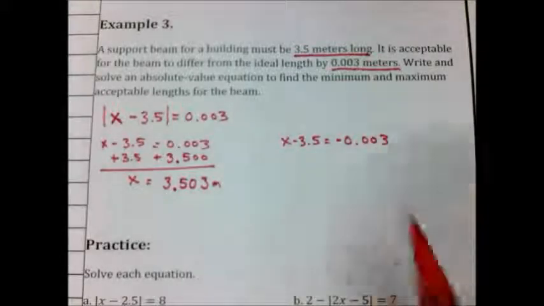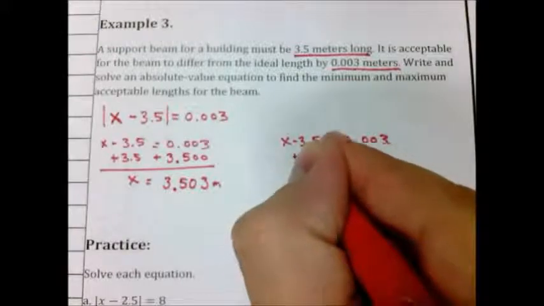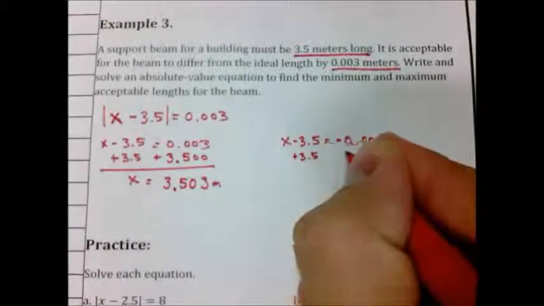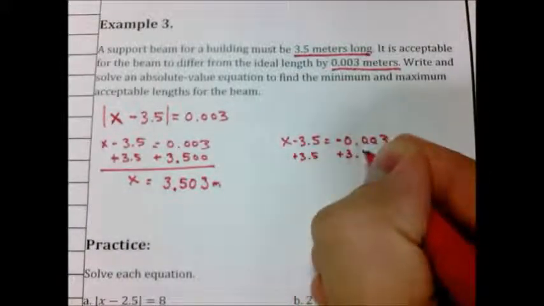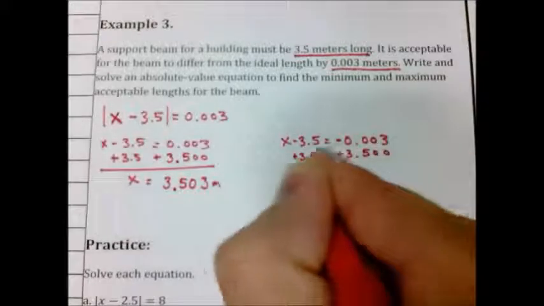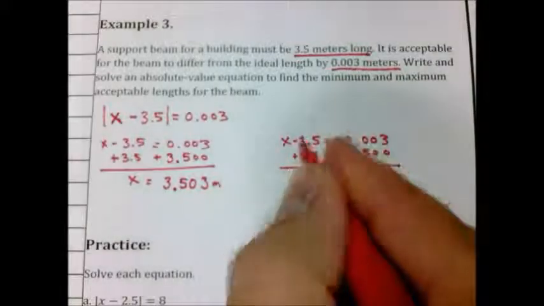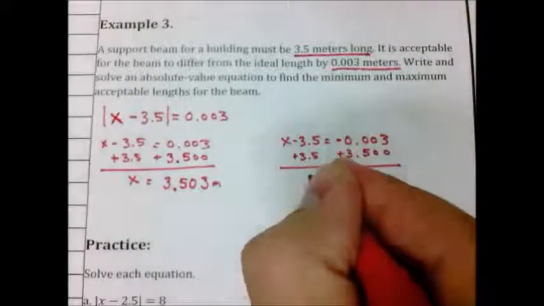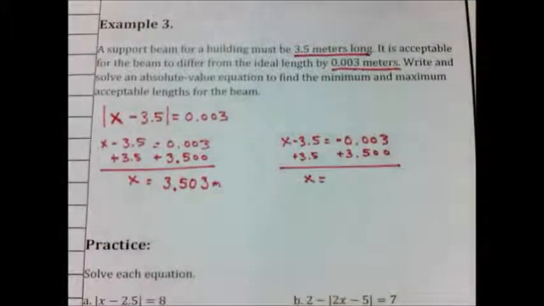Okay, let's solve this other one now. We've got to add 3.5 again to both sides. Negative 3.5 plus 3.5 is just 0, so we're left with x. And then we have negative 0.003 plus 3.5. Okay, and this gets a little confusing.